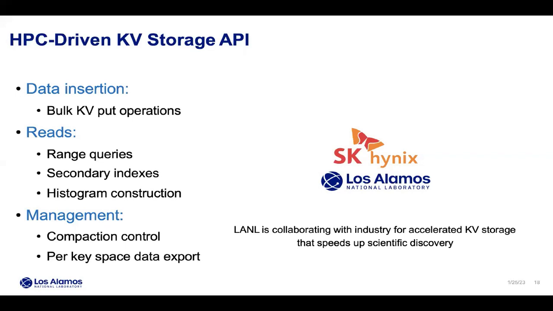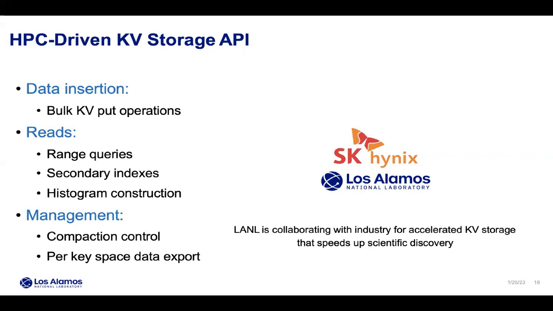To quickly run through some of these things: on data insert, we thought bulk put was an important feature to achieve the performance when inserting. And then on read, point queries are great, but range queries are even more important for the types of queries that we want to execute. So range queries were a must, which sort of meant secondary indexes became a must.